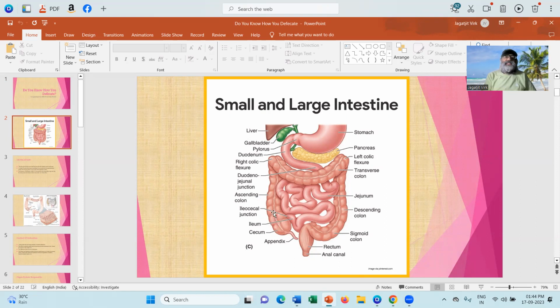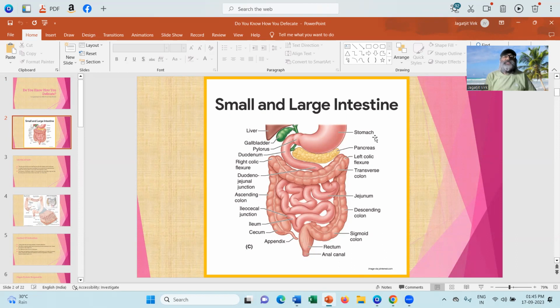Now, this is the ascending colon. Here, this is the right flexure, and this is the transverse colon, and this is the left colic flexure, and this is the descending colon. This is the sigmoid colon, and this is the rectum, and this is the anal canal.